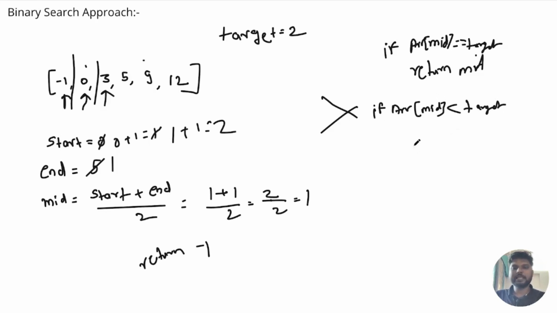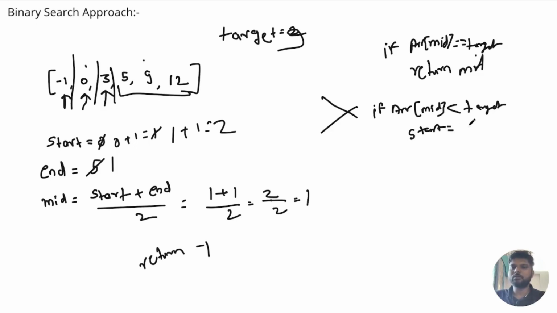If target was 9, mid was 3, then array of mid is lesser than target, right? In this case what we need to do, we need to move start to mid plus 1 because we need to search in this part of the array.